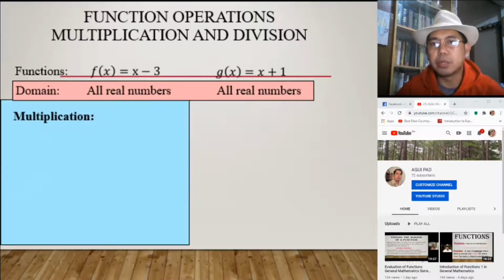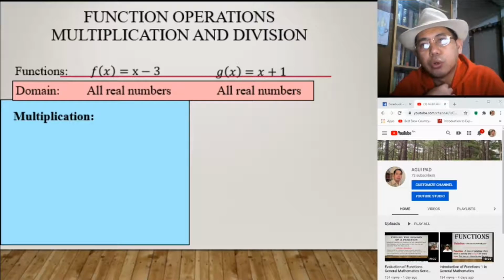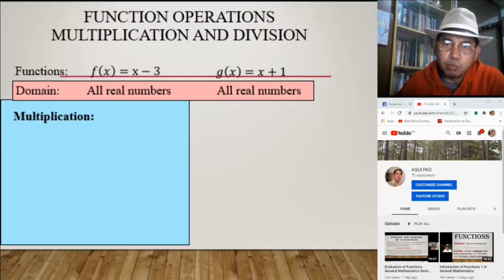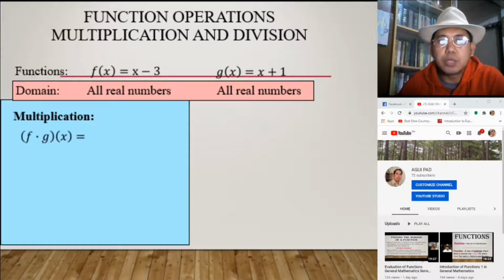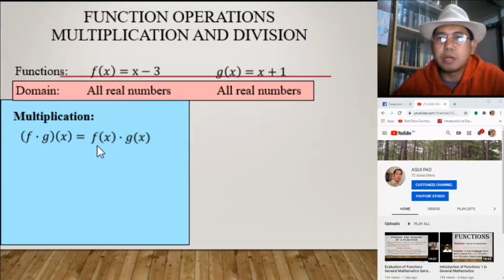All real numbers. So what about when we consider multiplication of functions? Now, when we are going to multiply two functions, we have to consider this notation. Function f multiplied by function g will give you a result of f of x multiplied by g of x, or the product of f of x and g of x.